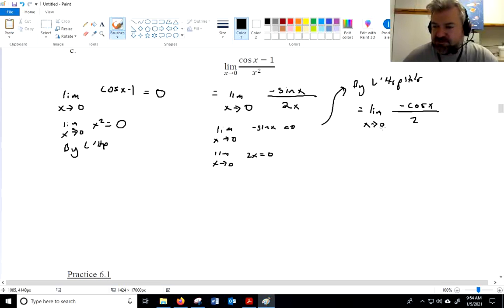Now, if I plug in, the cosine of 0 is 1, so this just equals negative 1 over 2. Quite an interesting, surprising result, I think. If this was over just a single x, you get 0, but because it's over x squared, you get negative a half, which I think is kind of weird.